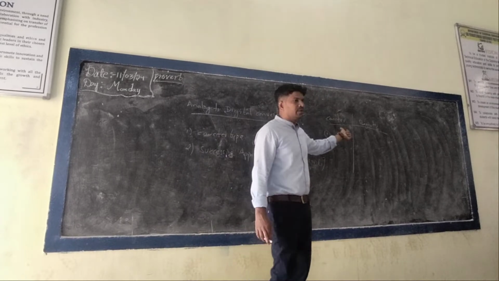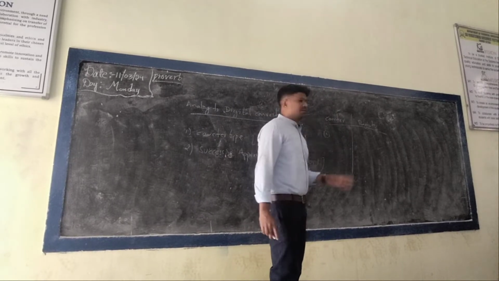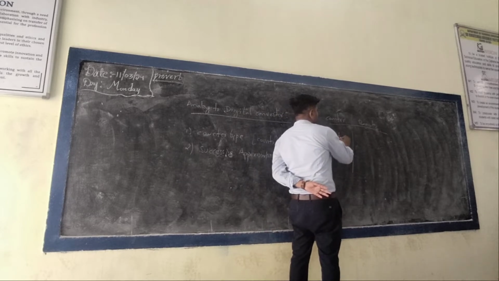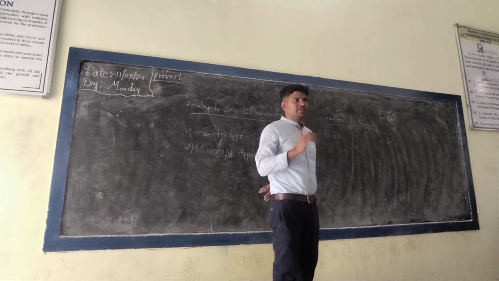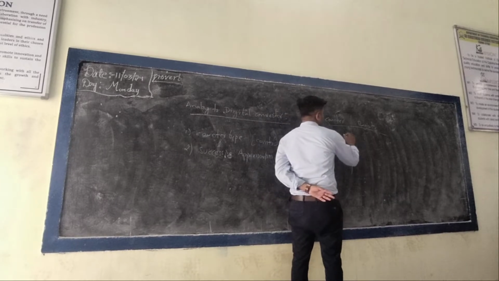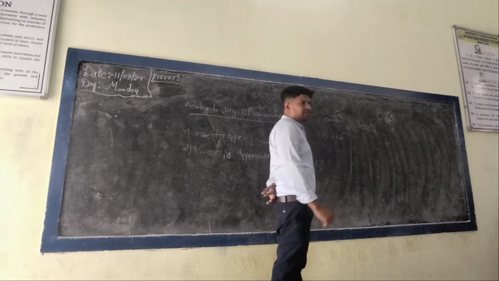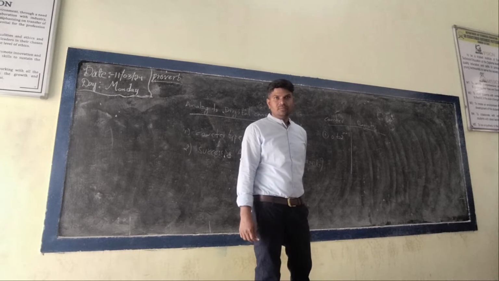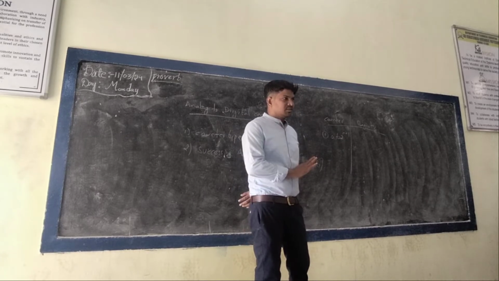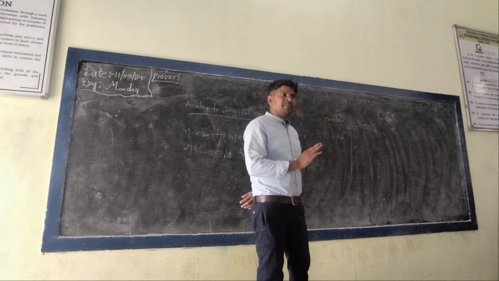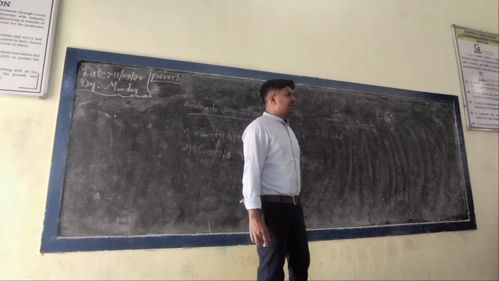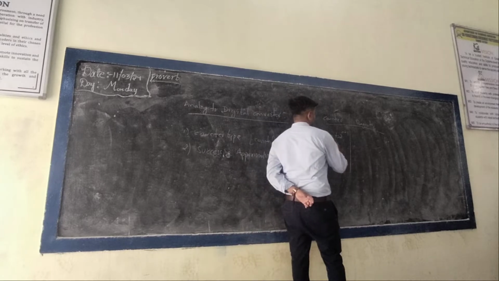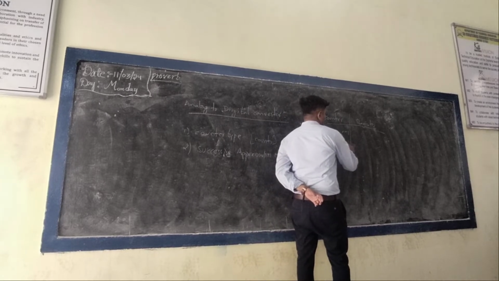Whenever you start the counter, it starts at 0 and counts up to 2 power n minus 1, where n is the number of bits. So if you have 4 bits, you can calculate it.